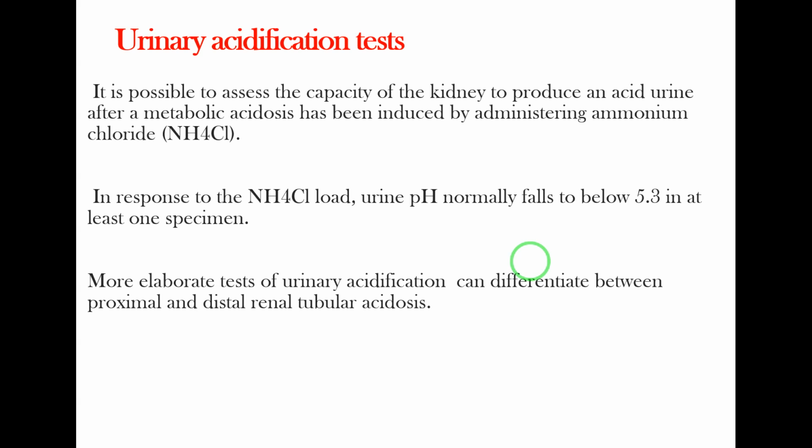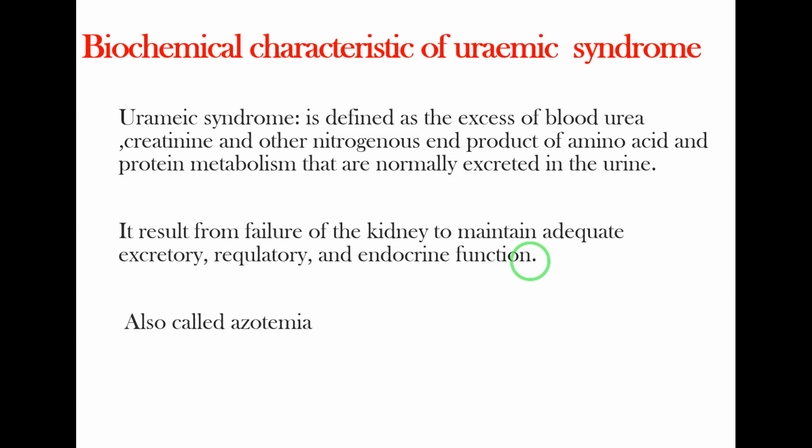This was all about testing the distal tubular function as part of the renal function tests. Then we will have another subject, which is the uremic syndrome. The uremic syndrome results from failure of the kidney to maintain adequate function, whether regulatory, excretory, filtration, or endocrine function.